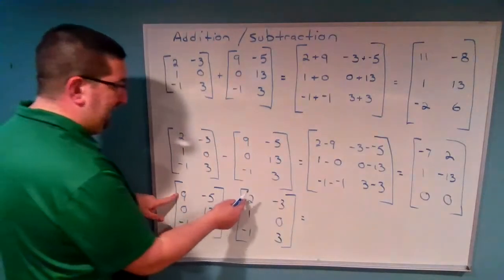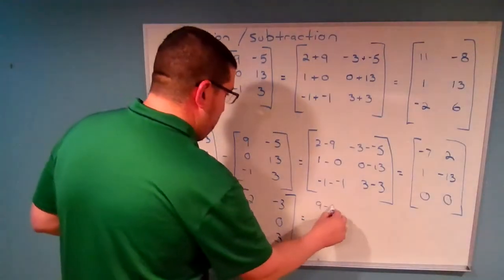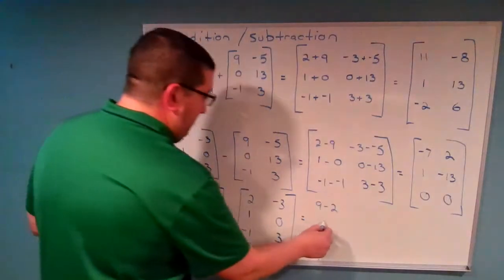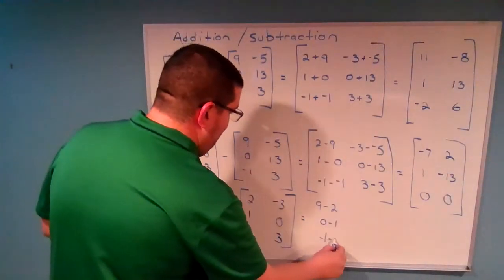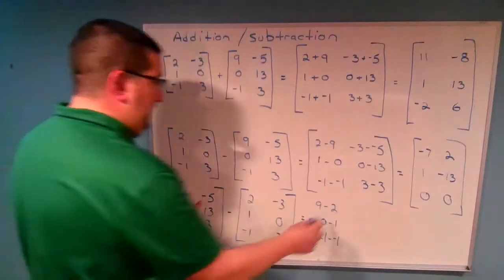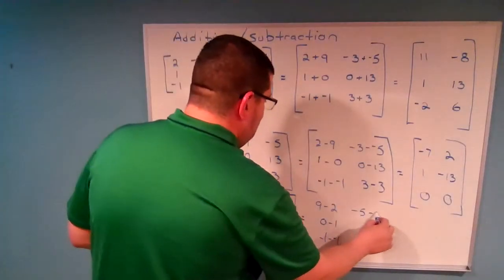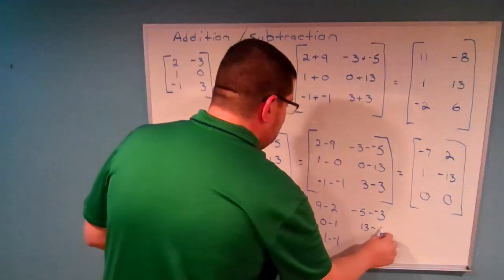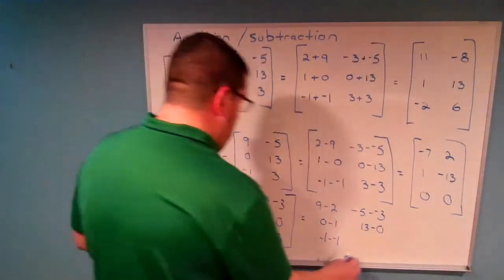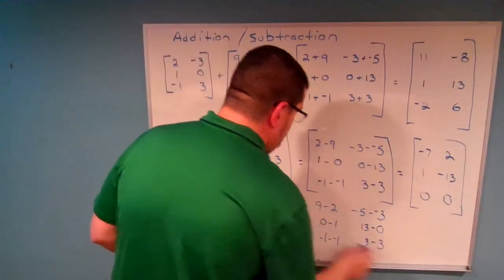So 9 minus 2, 0 minus 1, negative 1 minus negative 1, negative 5 minus negative 3, 13 minus 0, and 3 minus 3.